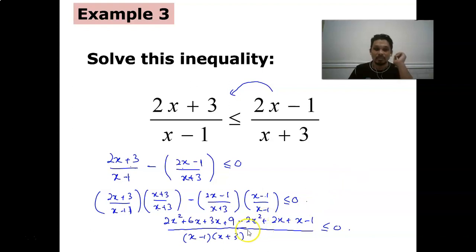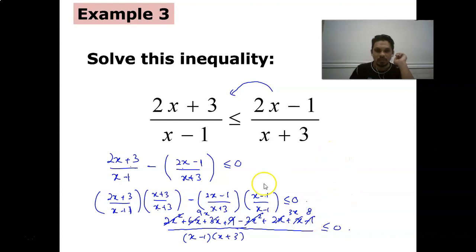Okay, so I'm going to simplify this first before we move to the next line, since there is not much space to solve this one here. Okay, 2x squared minus 2x squared cancels. 6x plus 3x equal to 9x. 2x plus x equal to 3x. 9 minus 1 equal to 8.